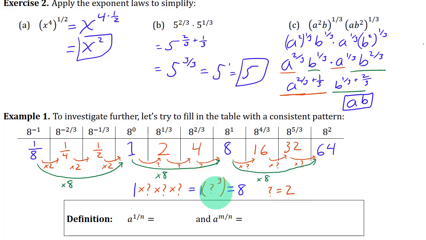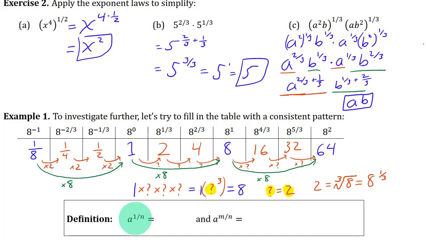Well, 2 is something that you raise to the power 3 to get 8. That's also known as the cube root of 8. So it sounds like 8 to the 1/3 should mean the same thing as the cube root of 8 in order to make this pattern consistent.